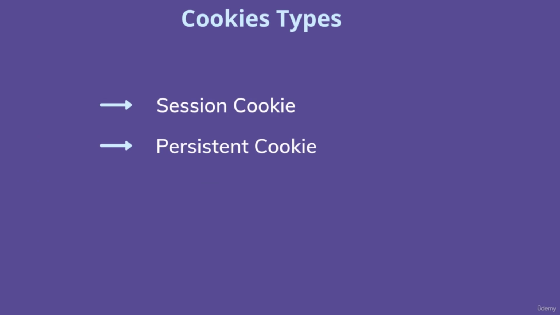But you may also add a time span which will make it a persistent cookie, and as long as the lifetime of that cookie lasts, it will still be there unless you remove it manually by going to that location, or you may also remove the cookies from the browser itself. So let's find out practically how we can start implementing cookies in JavaScript.